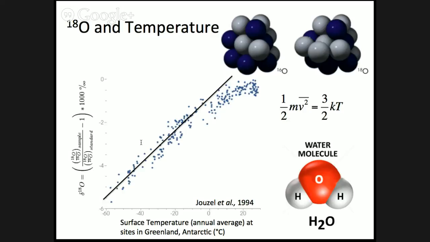So the temperature can be found to be statistically related to the ratio of this heavier isotope. So here it's showing the relation between the two. On the x-axis is the annual average ice temperature, and the y-axis is a linear function of the ratio of this oxygen 18. You can see that under 0 degrees, there's a very good linear relation between the two.